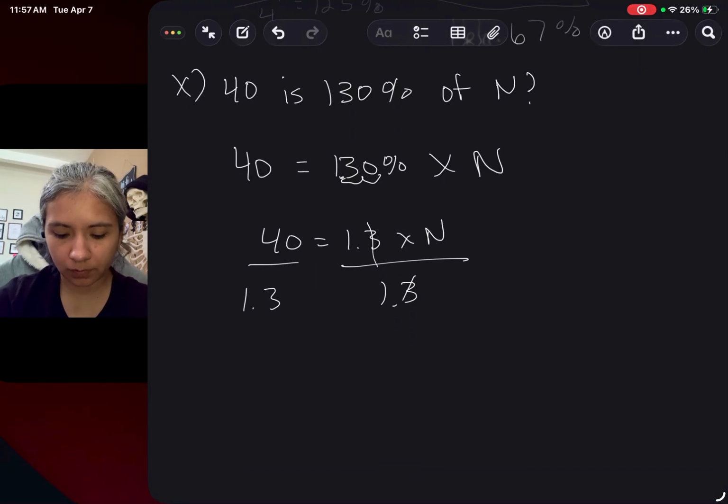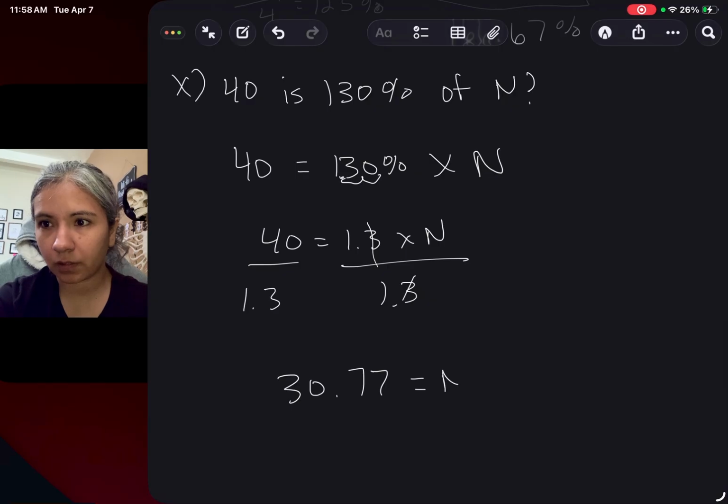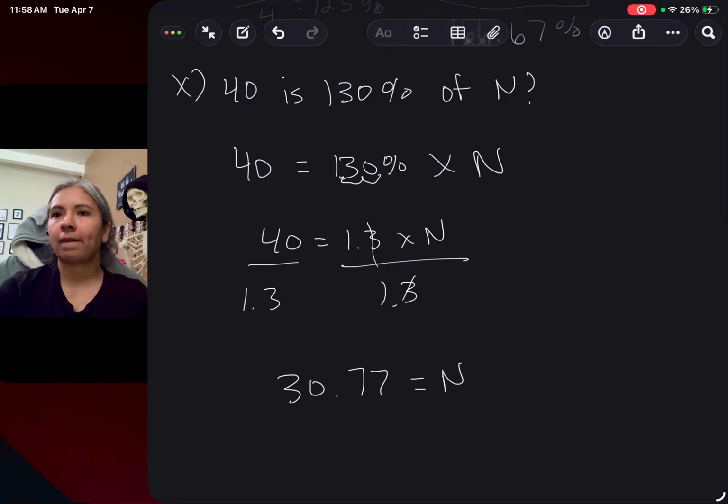So 40 divided by that 1.3 is going to give us 30.769, which rounds to 30.77. So 40 is 130% of 30.77.